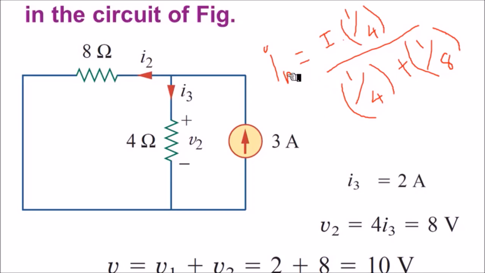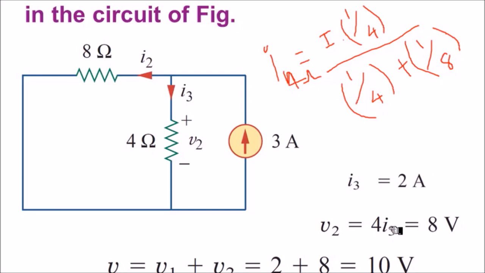So the current flowing through the 4 ohm resistor is equal to the total current into the conductance of the element divided by the sum of the conductances of all the elements present in the parallel network, right? This equation gives you the current flowing through the 4 ohm resistor, which is equal to 2 amperes.